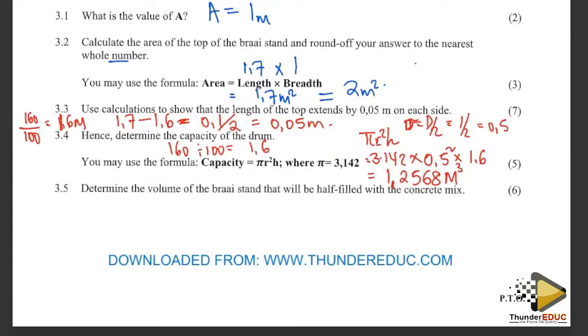Now here we go. Determine the volume of the braille stand that will be half filled with concrete mix. So the volume equals, same story, pi r squared h.